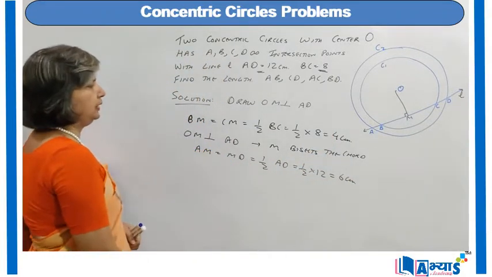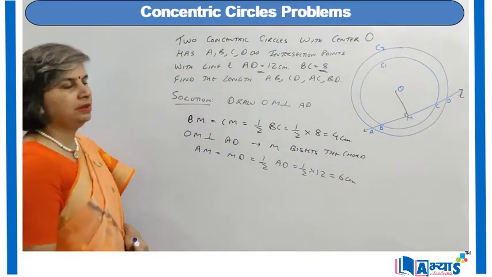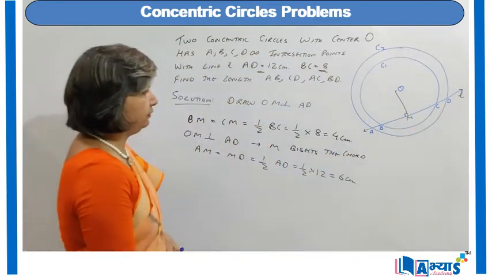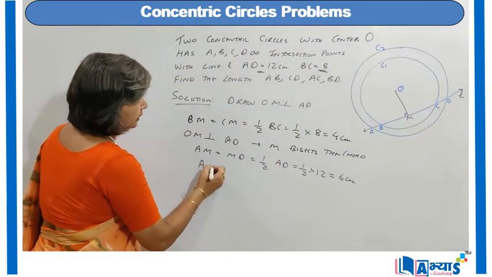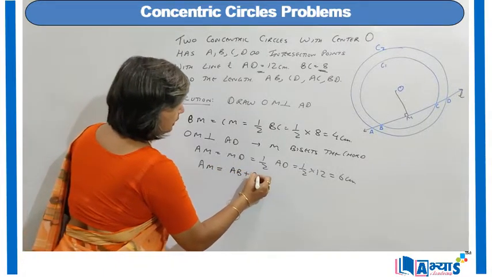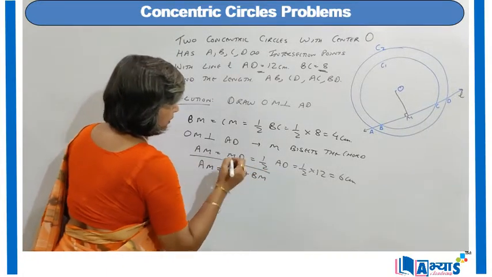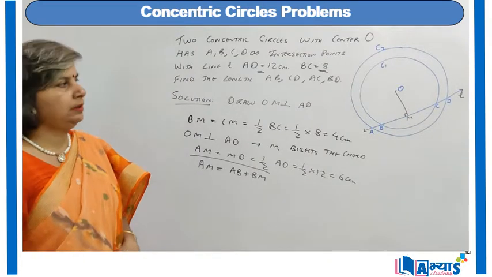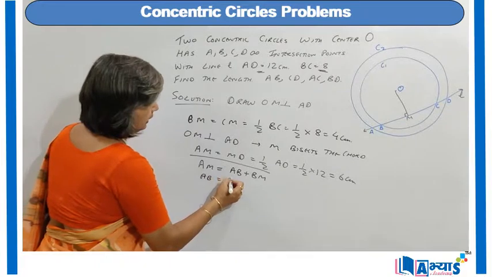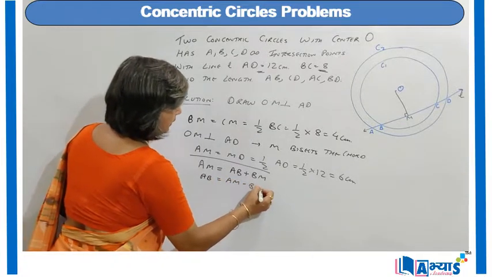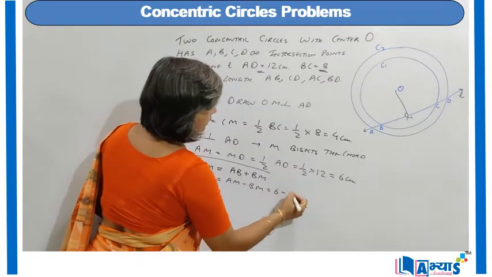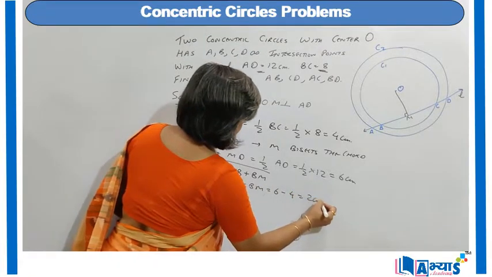Now we know that AM is 6 cm and BM is 4 cm, and AM is equal to AB plus BM, so AB is equal to AM minus BM. Now AM is 6 and BM is 4, so AB is 2 cm.